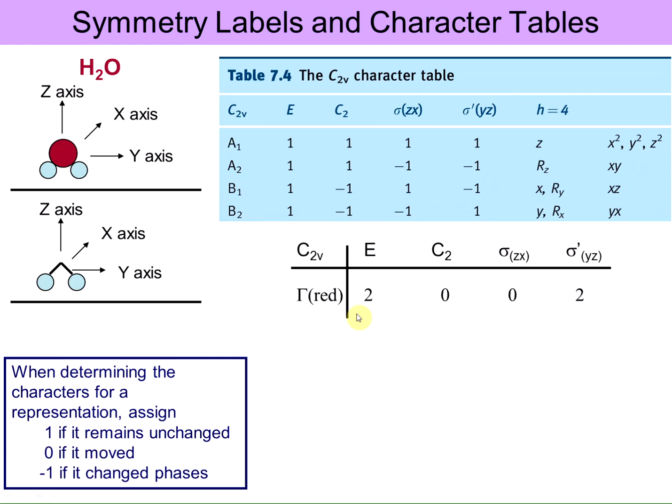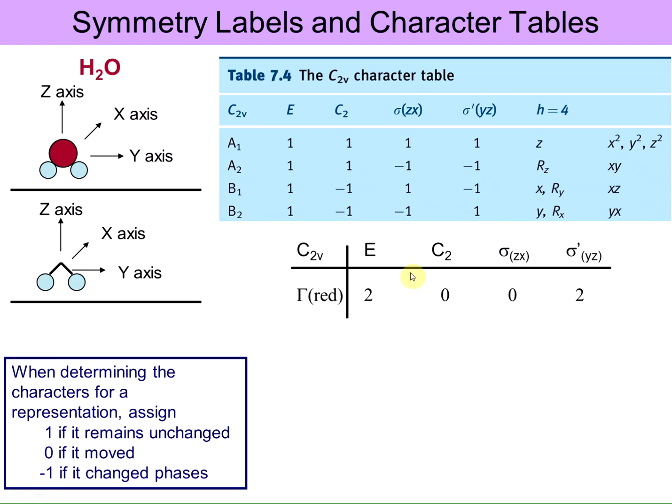So now I have to look to see which irreducible representations are contained within the reducible representation. And the nice part about this is it's a fairly simple reducible representation, because there's only 2 things that can add up to give you a 2, 0, 0, and a 2.